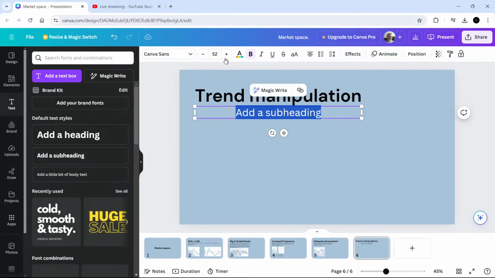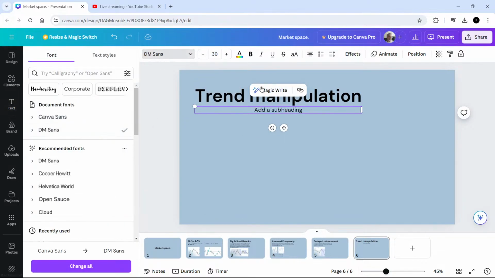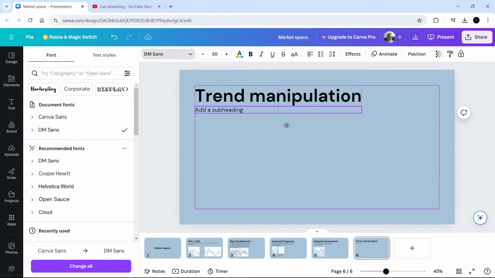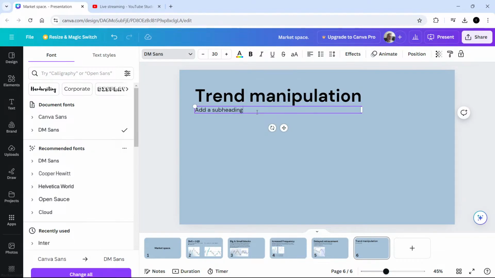Alright, let's put this one, size 30, medium size. Just trying to make it look better. So basically a description.